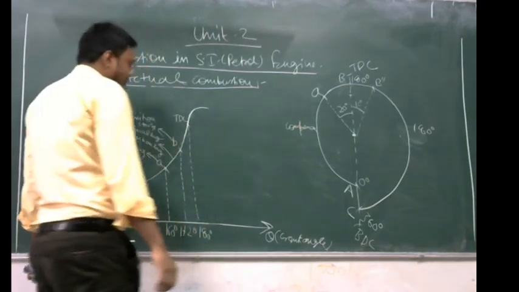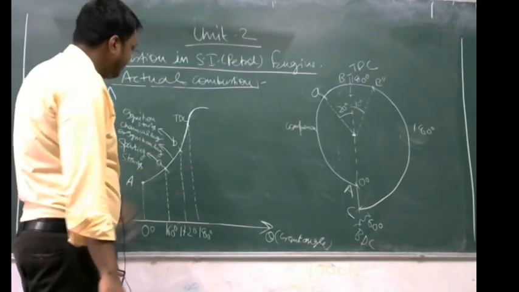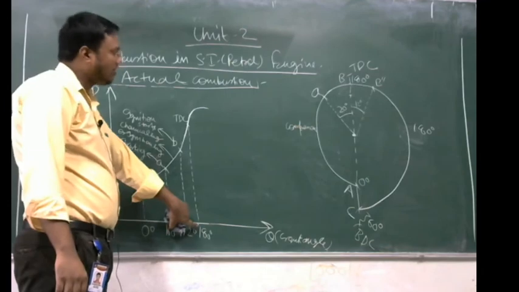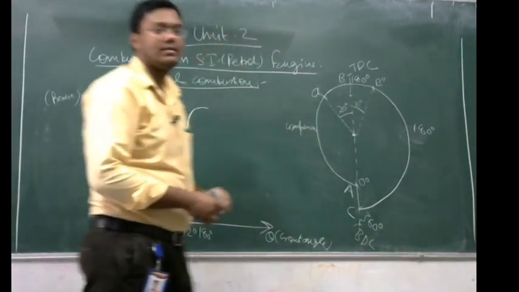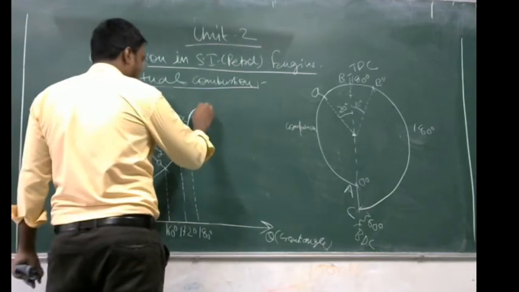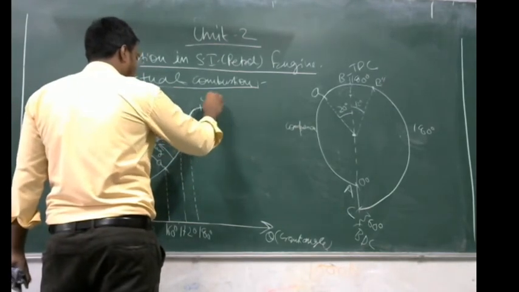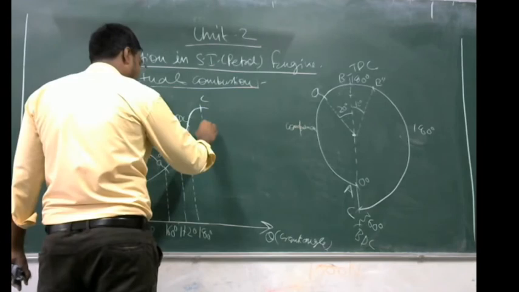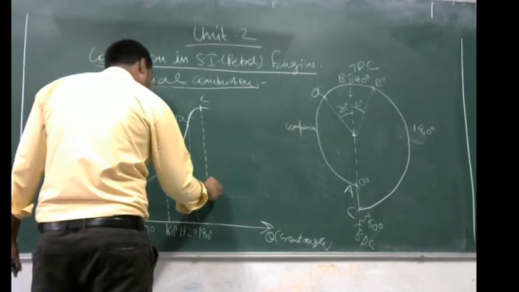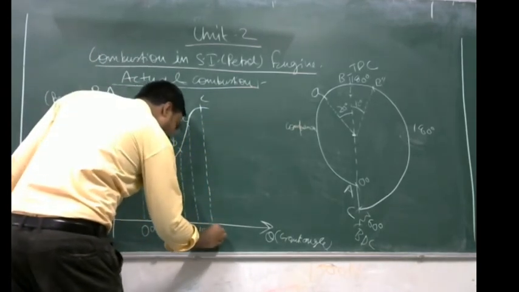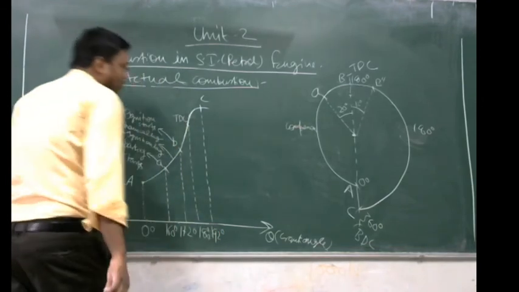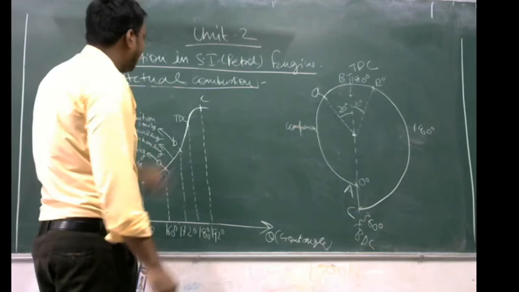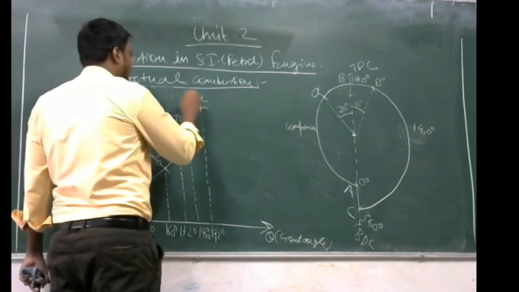Beyond TDC, 12 degree from this point B, sparking stops. 12 degree means here at point C, which is 192 degree. At point C sparking stops.